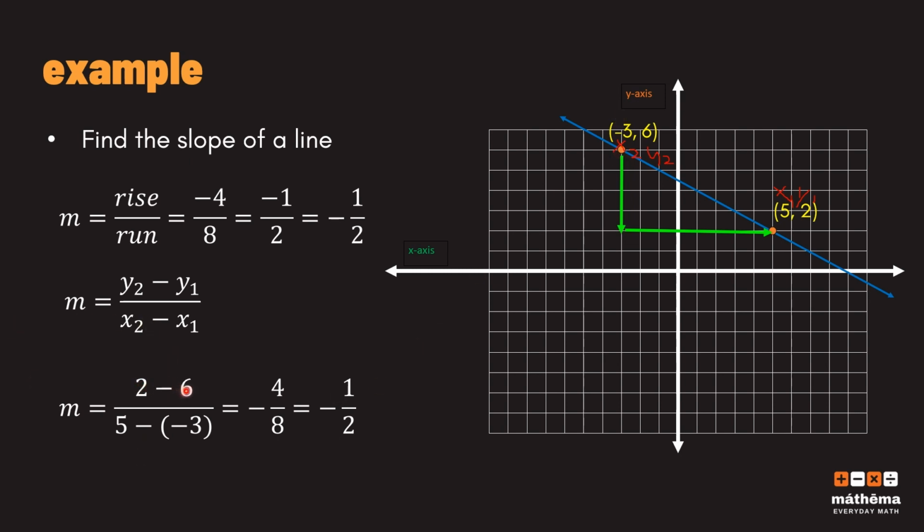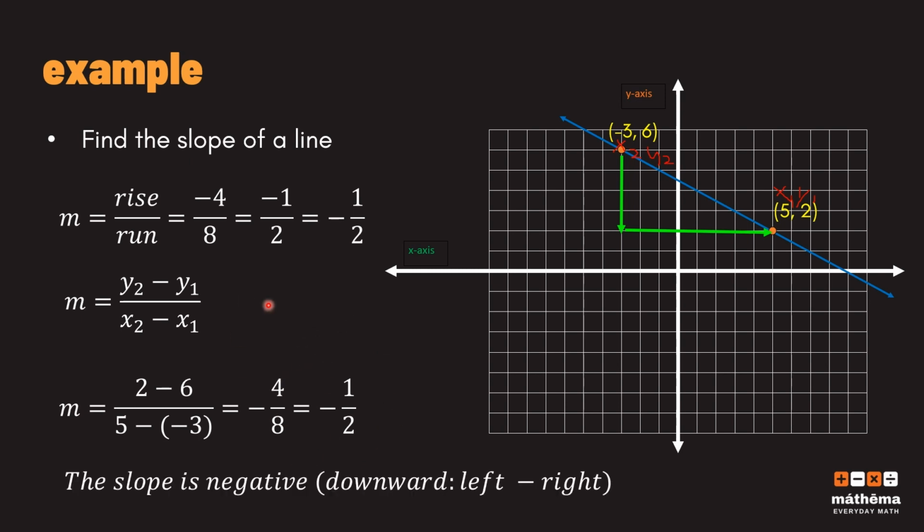2 minus 6 is negative 4. 5 minus negative 3, this will become positive. We have 8. So therefore, again, we will get the slope is equal to negative 1 half. Therefore, the slope is negative, downward, left to right.